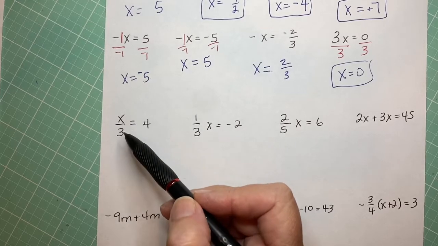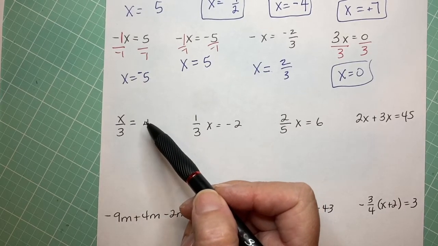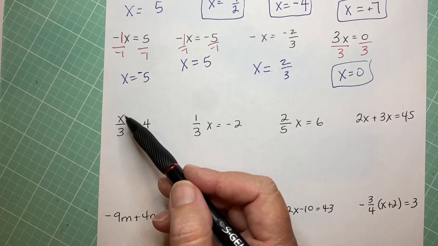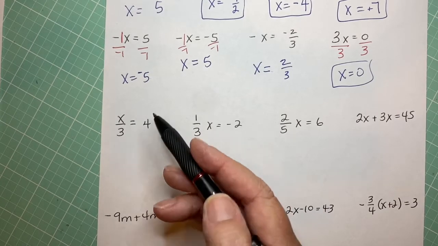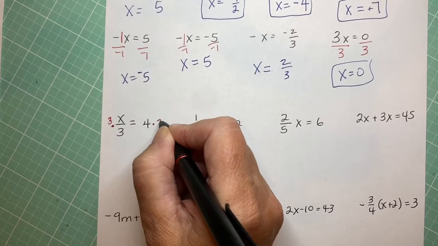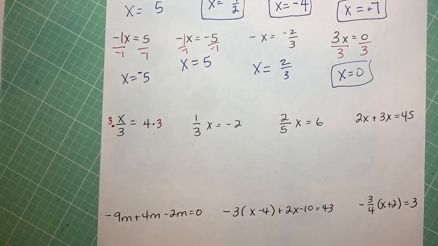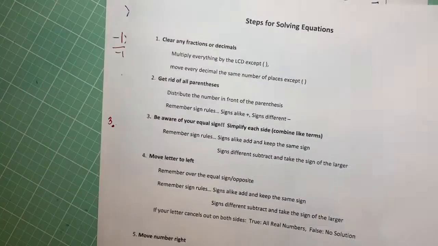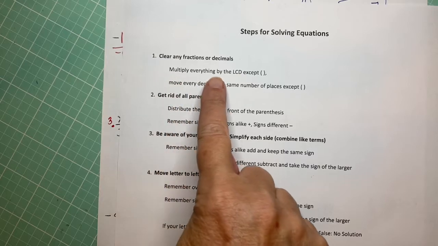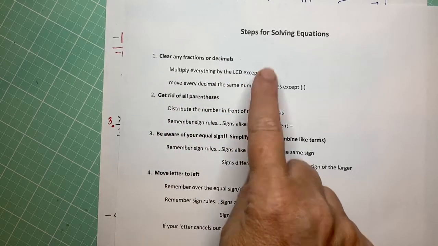So here we have x divided by 3 is 4. A fraction is just another way of writing a division problem. So if this is x divided by 3, the opposite of division is multiplication, so we're going to multiply both sides by 3. Anytime you have a fraction, your step is to multiply everything by the least common denominator, except parentheses.